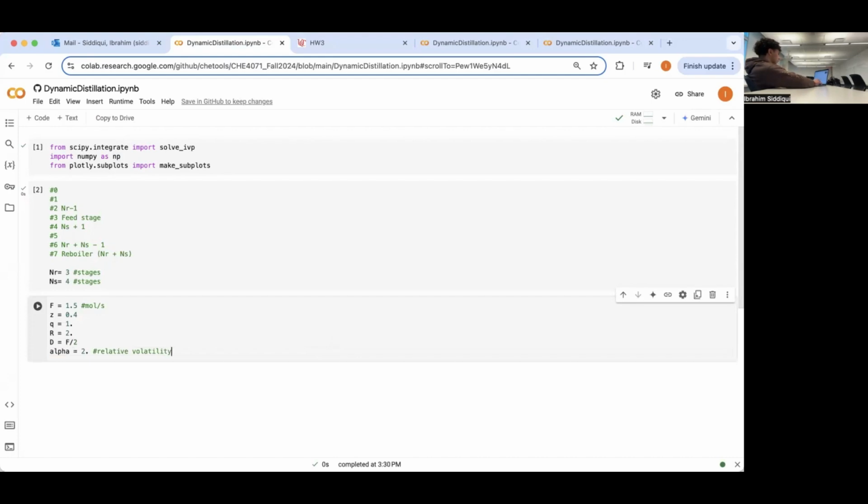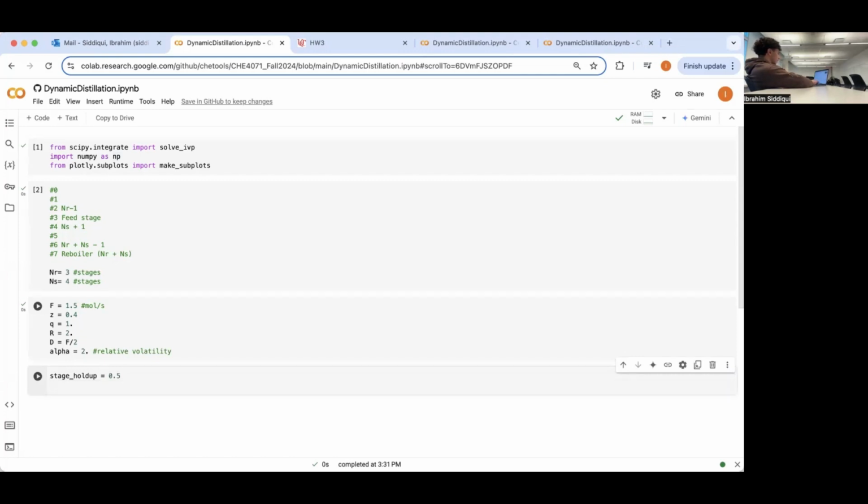We also want to define some of our holdups: our stage holdup, our condenser holdup, our feed holdup, and our reboiler holdup. Our stage_holdup is equal to 0.5.